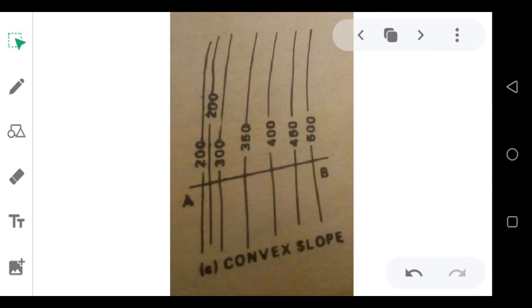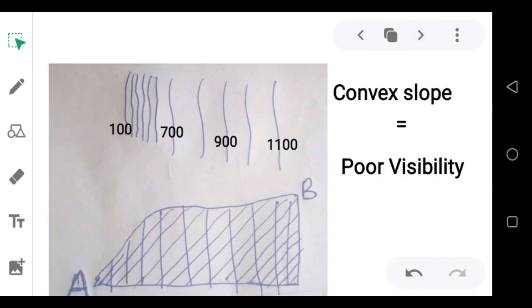Now let's look at something. Yes, in a convex slope, look at AB. That is what you see when you go to the place where the map was drawn. Can you see the relief picture? That is how it looks like.